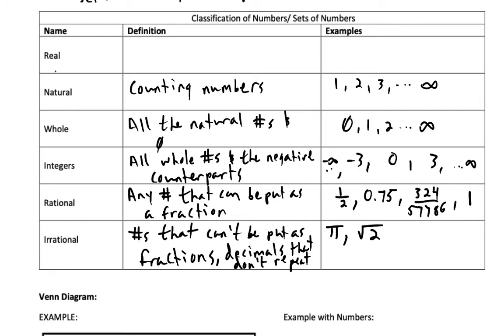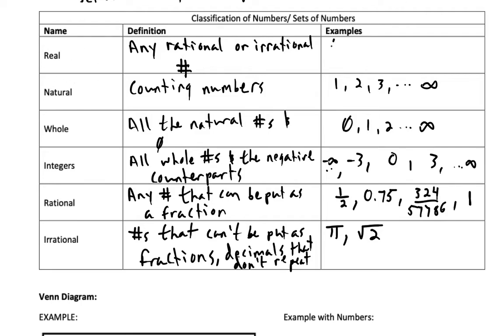What about real numbers? Real numbers are any rational or irrational number. So a real number is any number that we have learned so far. We will deal a little bit later in the year with some numbers that aren't rational or irrational, but real numbers are anything.